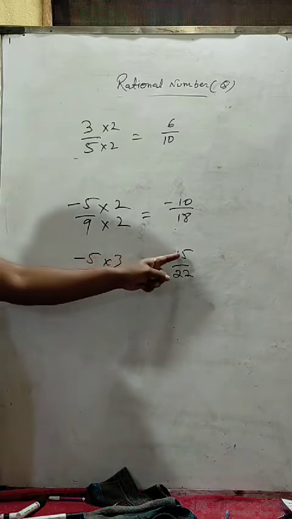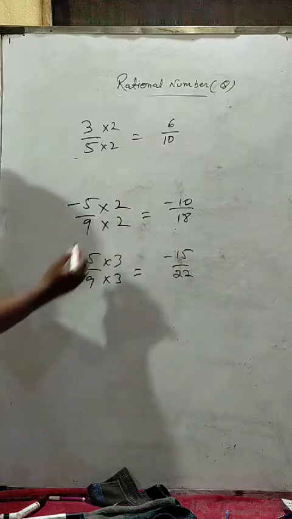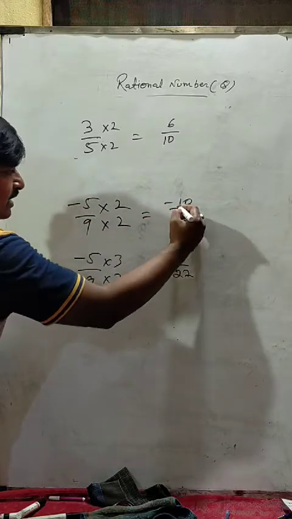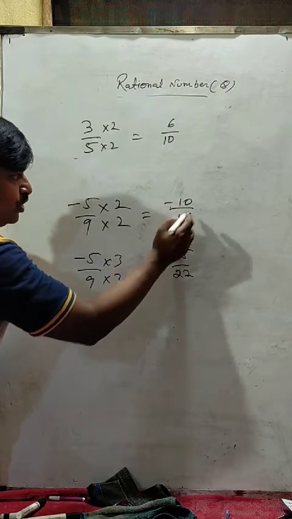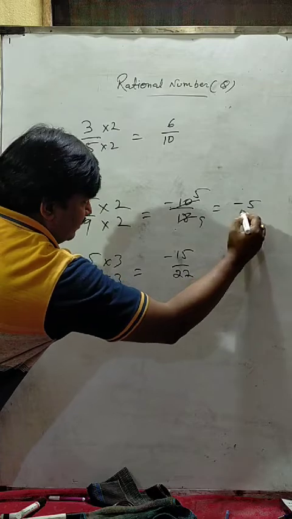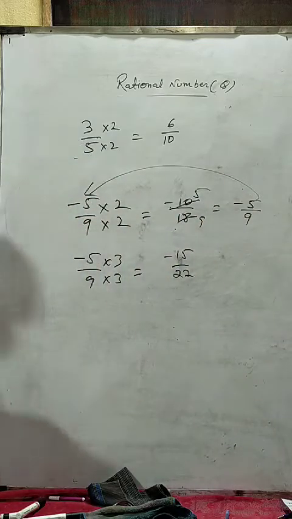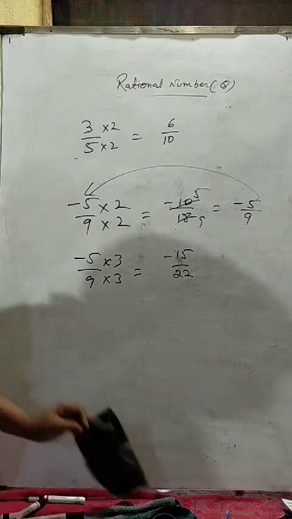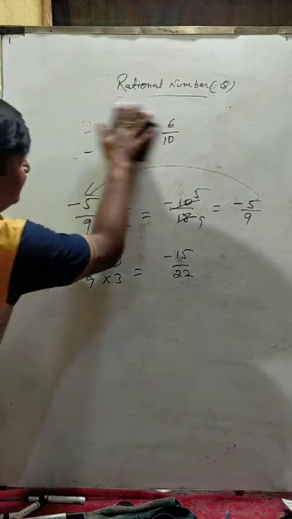Minus 15 by 27 is also equivalent, because when we divide by the common factor 2, 2 5s are 10, 2 9s are 18, it becomes minus 5 by 9. Okay. So this way we will find the equivalent rational number.